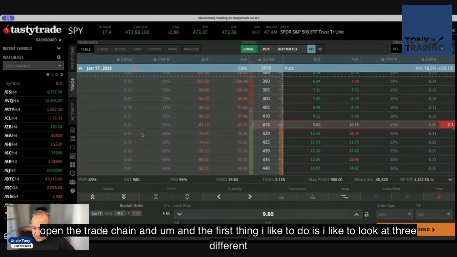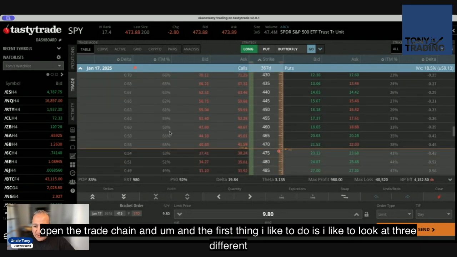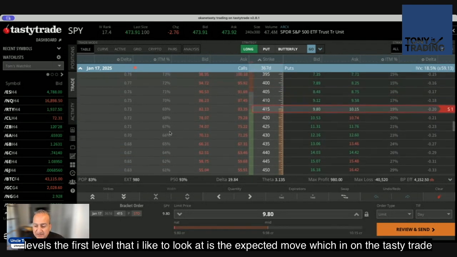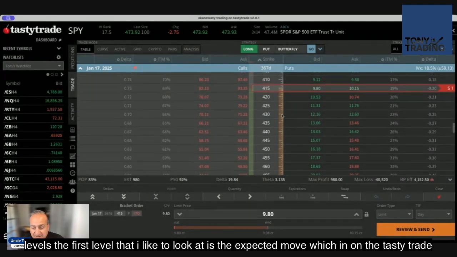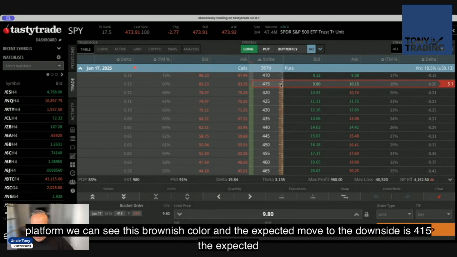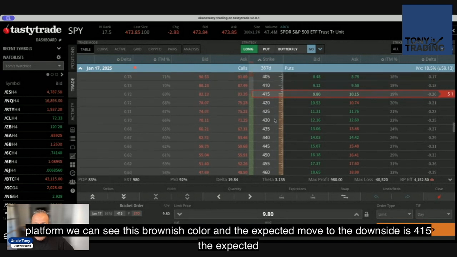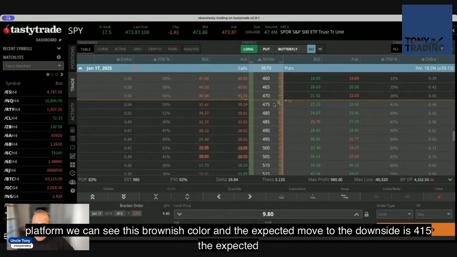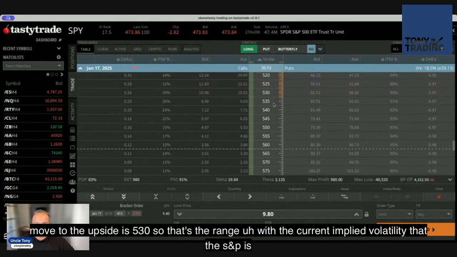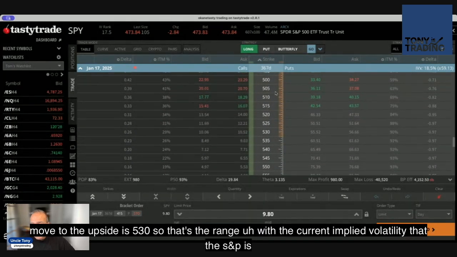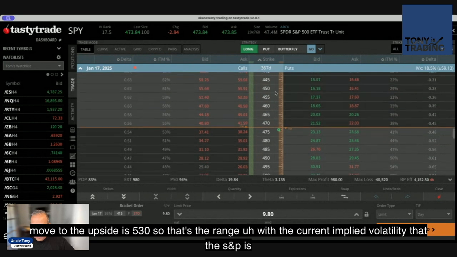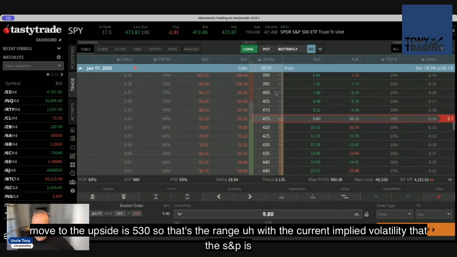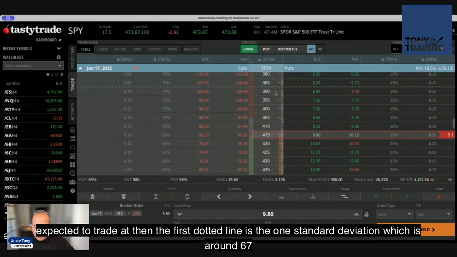The first thing I like to do is look at three different levels. The first level is the expected move, which on the tastytrade platform we can see in this brownish color. The expected move to the downside is 415. The expected move to the upside is 530. So that's the range the S&P is expected to trade in, given the current implied volatility.